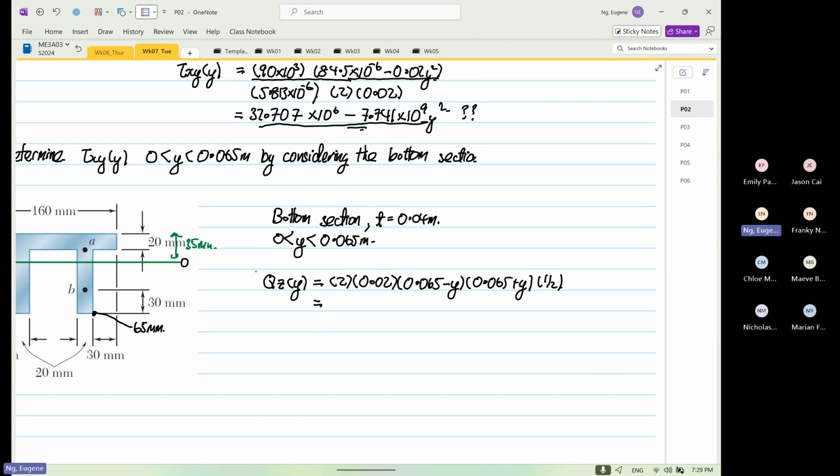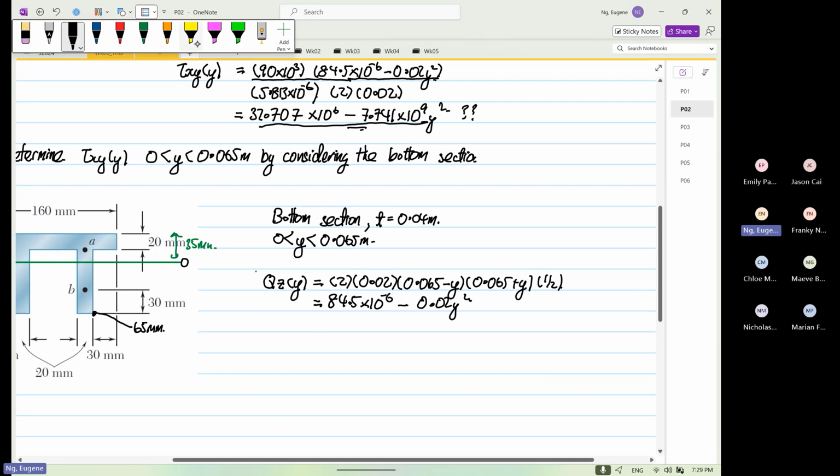So if I do this now, 0.065 times 0.065 times 0.5 times 2 times 0.02, it's equal to 84.5, right? And then we have minus 0.02 y squared.